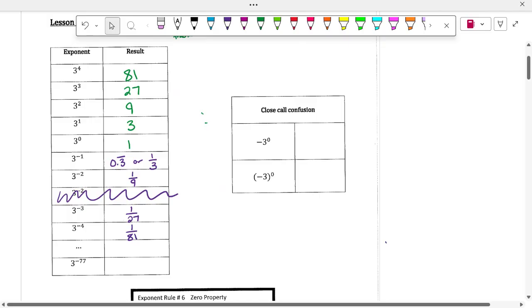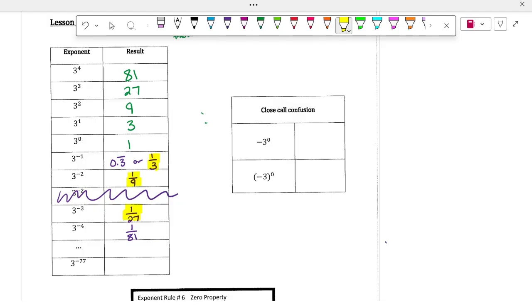Now, here's my question. Why did I make you fill that out? Specifically the fraction parts. What's the connection between negative exponents and the positive exponent counterparts? They flip. All right. So think about it. This is 81/1, 27/1, 9/1, 3/1.